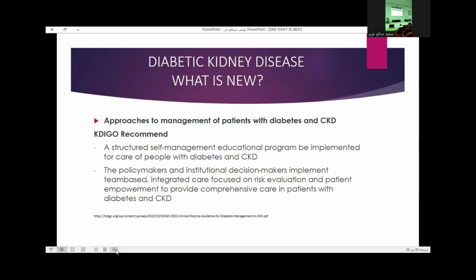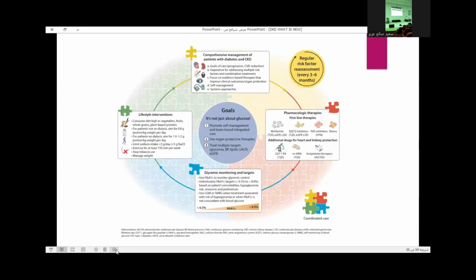And the multidisciplinary team plays a major role to have a focused care that aims to reduce the risk of the cardiovascular and renal complications associated with diabetes, and at the same time to give a comprehensive care for the patient who has diabetes and chronic kidney disease. So nephrologists should be a part of the multidisciplinary team for diabetes.